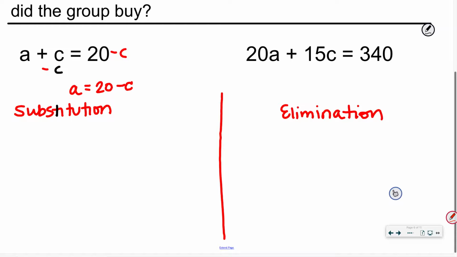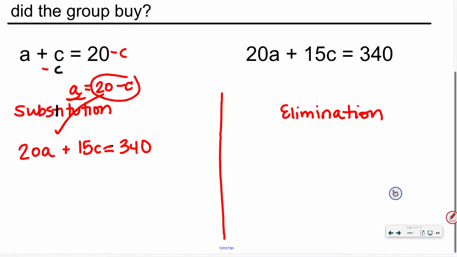Substitute for the equation. So now in the other equation, which I'll write here, what will I replace or substitute? Anywhere I see an A, what can I replace it with? 20 minus C. Good.